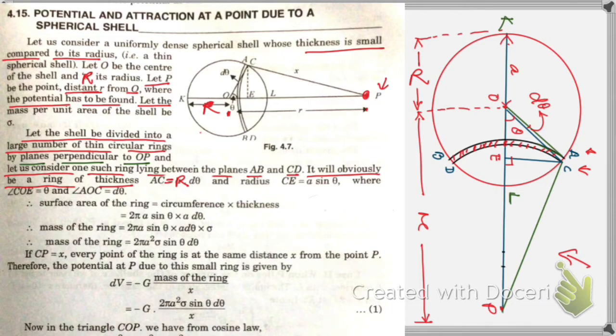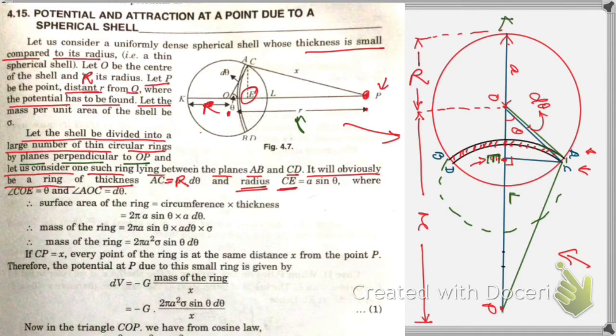Now you see the radius CE. Here you see this point E represents the center of the ring. If you see this diagram or that diagram, it doesn't matter, both are the same, but as this is very small, I have drawn it here. So this point E is the center of this circular ring.